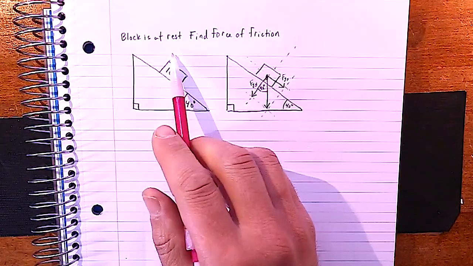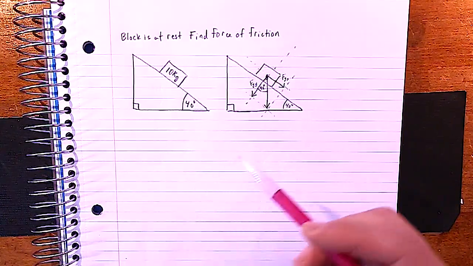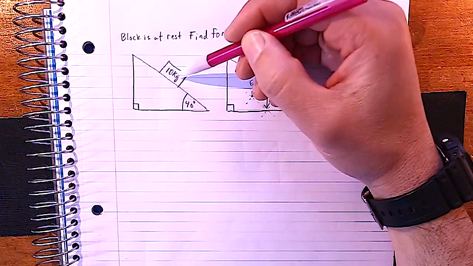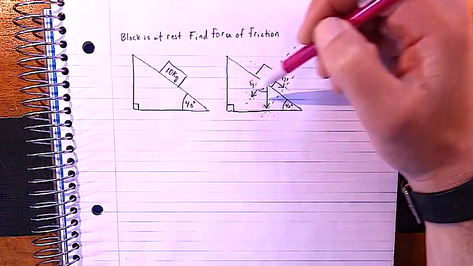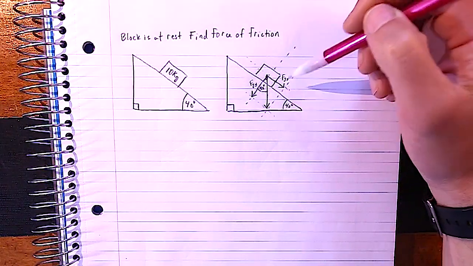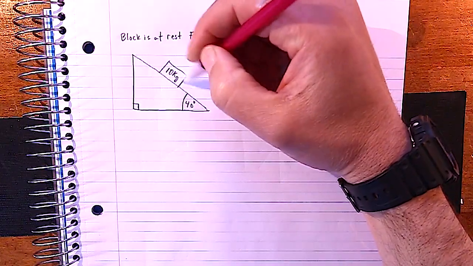Here's a common question. We have a block at rest, and they want you to find the force of friction. So the first thing to realize is that the block is being pulled down the plane by FGX. So there's a component of force, of gravity, our Fg, that is pulling it down this way.